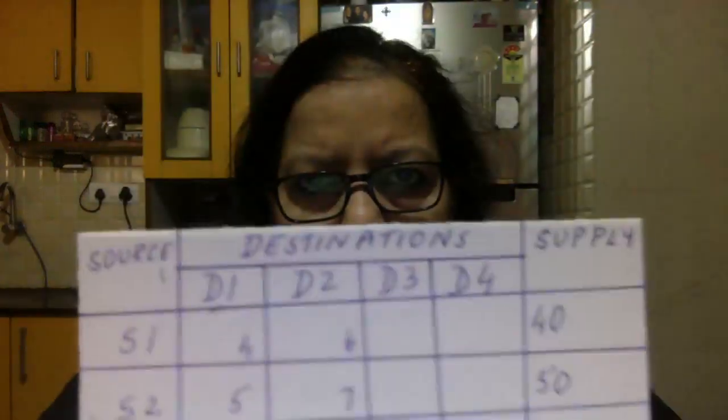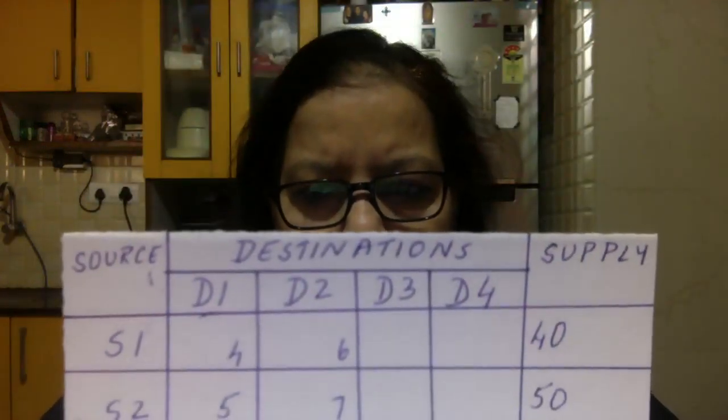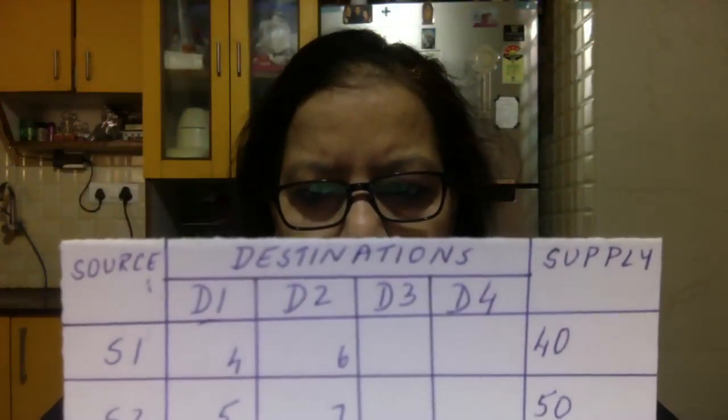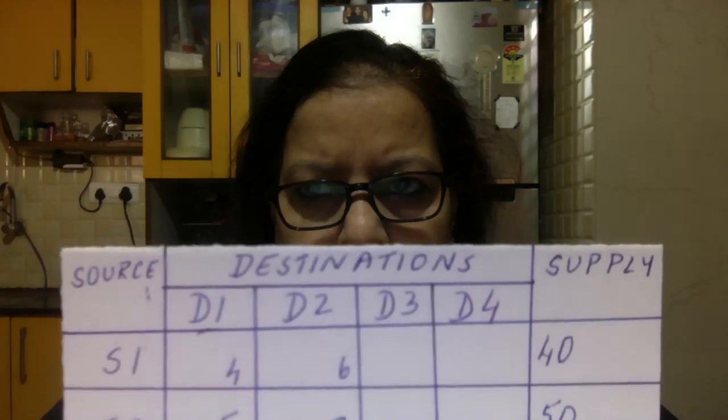Now, the next one you give 6, 7, 9, 8. Then we will do 9, 7, 5 and 3.